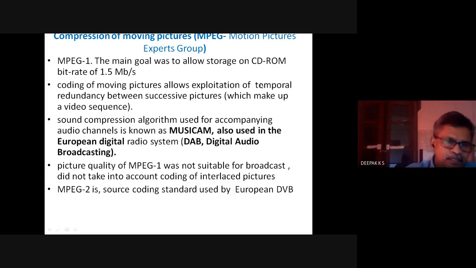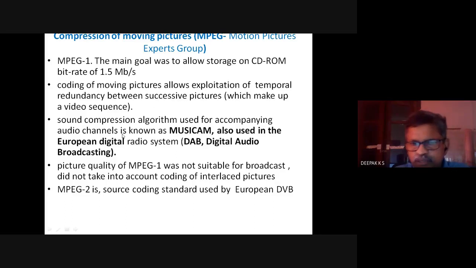There would be some redundancy, temporal redundancy, between successive pictures which make up a video sequence. So we will exploit this feature in MPEG by removing the redundancy. Between successive pictures, redundant things will be removed.